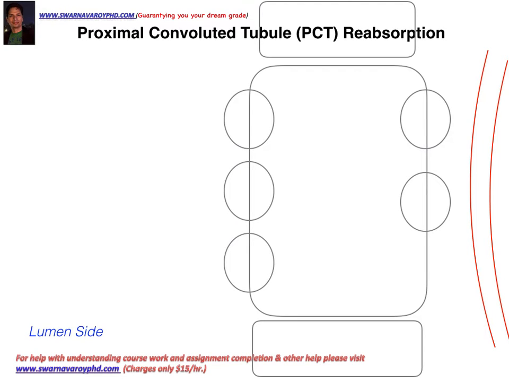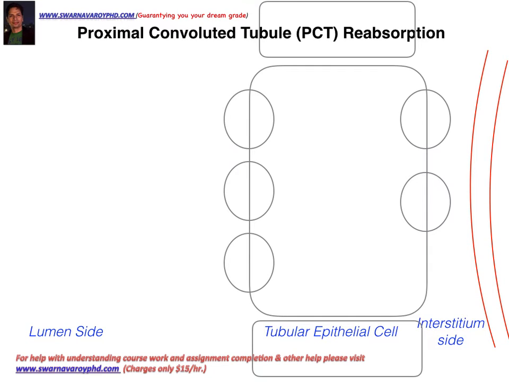Before that, we need to know the different sides of the nephron. We can see that this is the lumen side. What I mean by the lumen side is the tubular side where the urine is made and passed out of the body. And then we have the tubular epithelial cells, which have the microvilli, which increase the surface area. This is where all the absorption takes place.